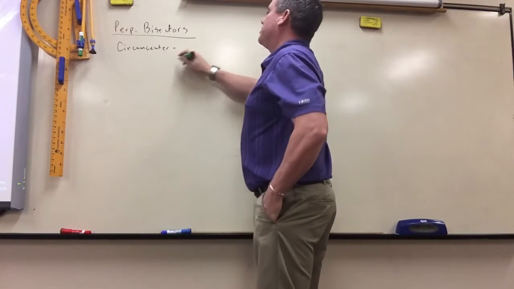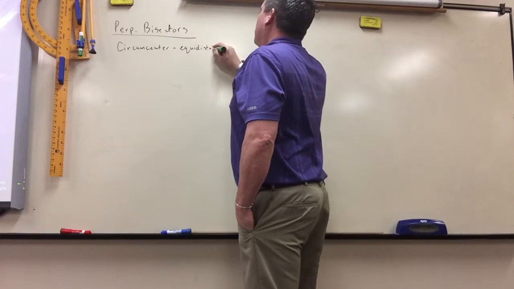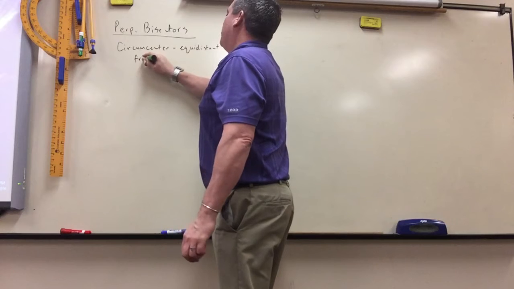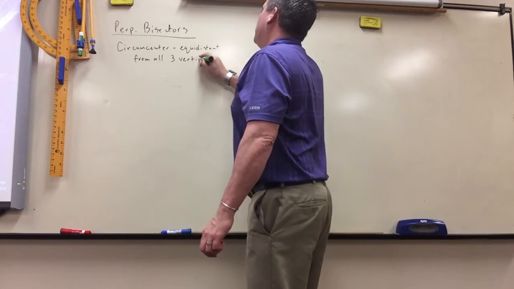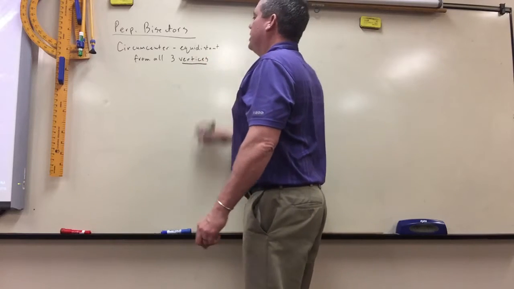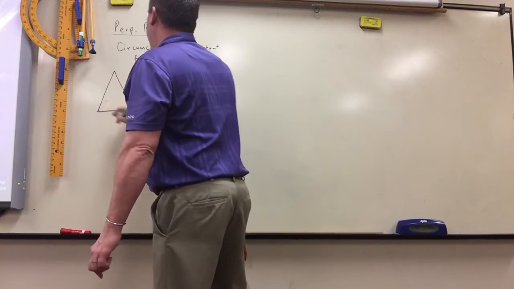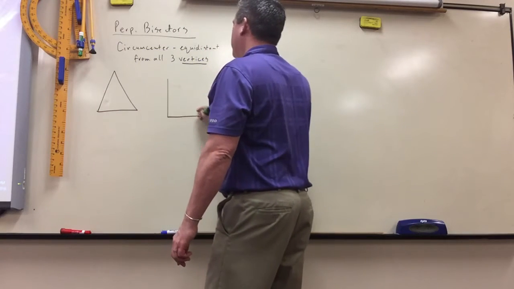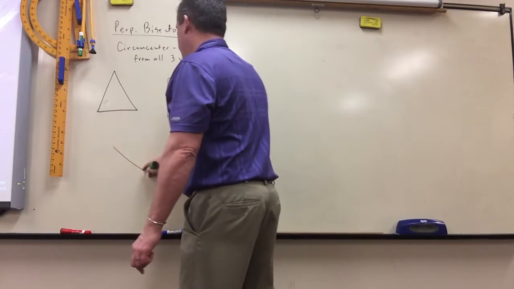And the circumcenter is equidistant from all three vertices, all three corners. So this is different depending on the type of triangle that you have: if it's an acute, a right, or an obtuse.